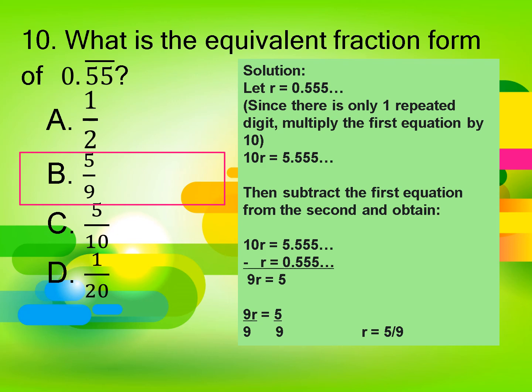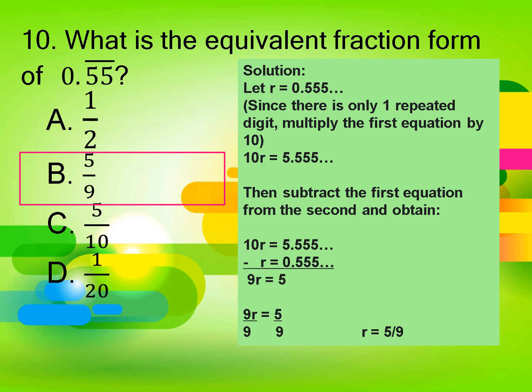Then subtract the first equation from the second. The first equation is R equals 0.55 repeating, and the second equation is 10R equals 5.55 repeating.